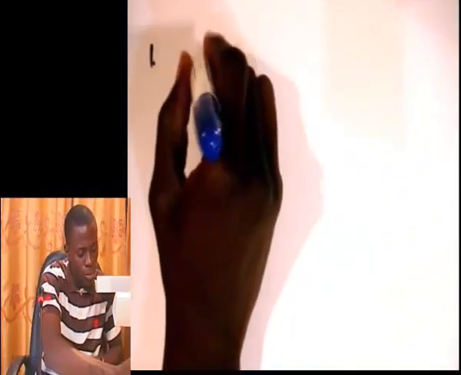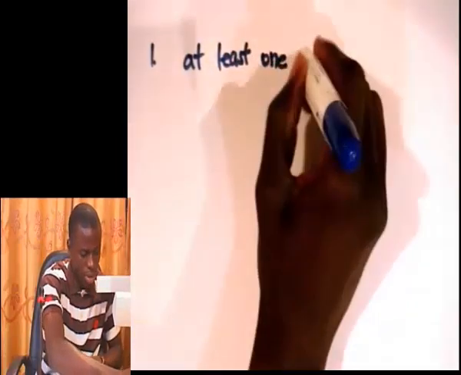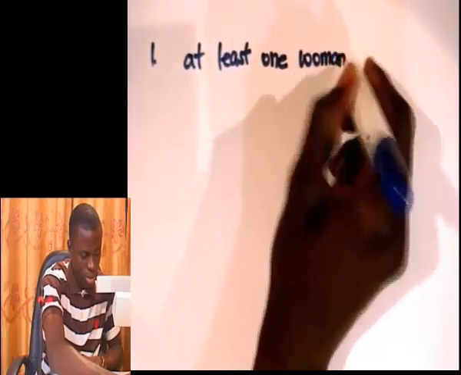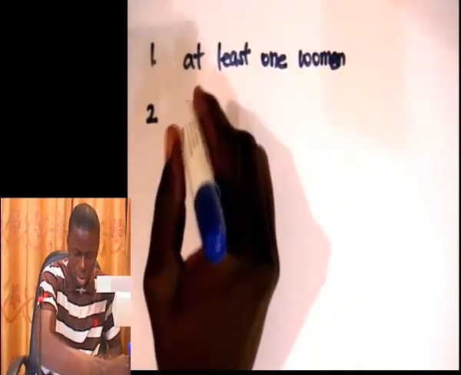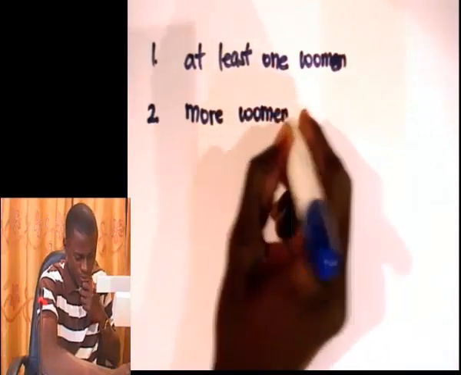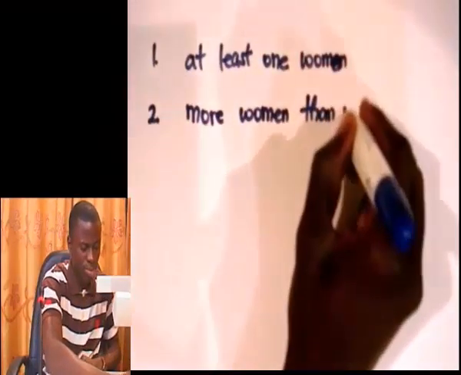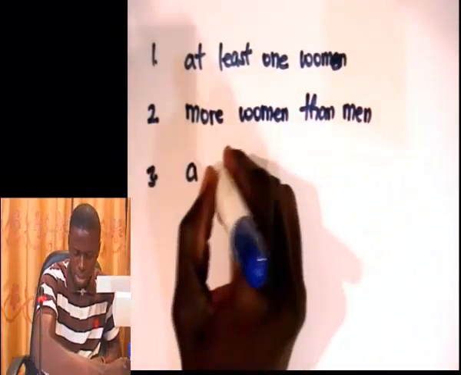If a committee of 3 members is to be formed, in how many ways can the committee be formed in order to include: 1, at least 1 woman; 2, more women than men; 3, a particular woman is included.